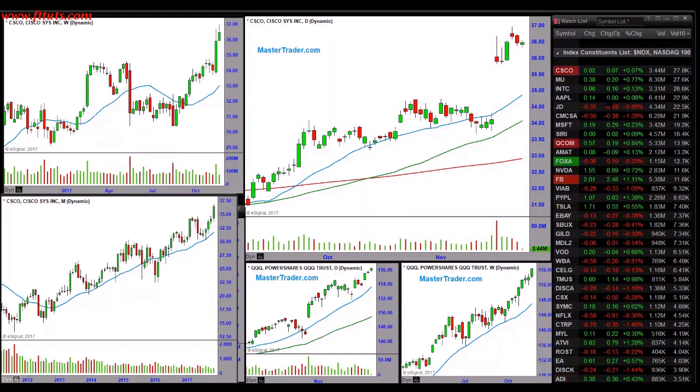We might find something that opened strong and may not be strong anymore, meaning it's under its opening price, or vice versa, what opened weak and then is above its opening price. We'll scroll down through this, maybe we'll find something that changed from its open. So far, everything I see is green and green.